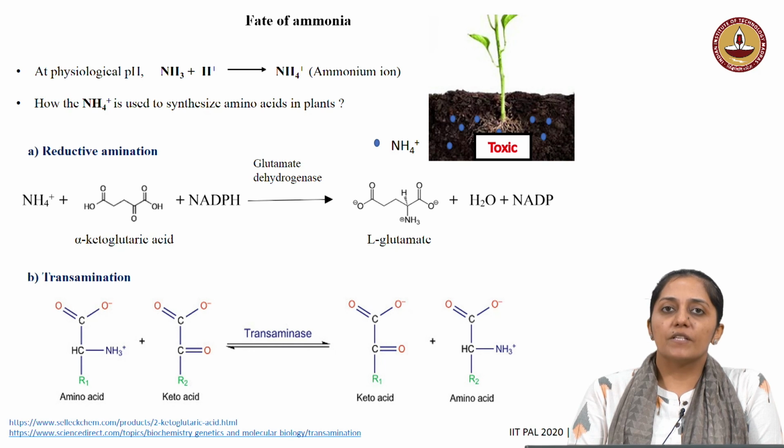In the reductive amination, the ammonium ions combine with alpha-ketoglutaric acid and NADPH. This reaction is carried out via glutamate dehydrogenase to obtain L-glutamate, while in a transamination reaction, an amino acid combines with a keto acid in the presence of transaminase. So, this reaction is carried out by transaminase, converting it into another amino acid.